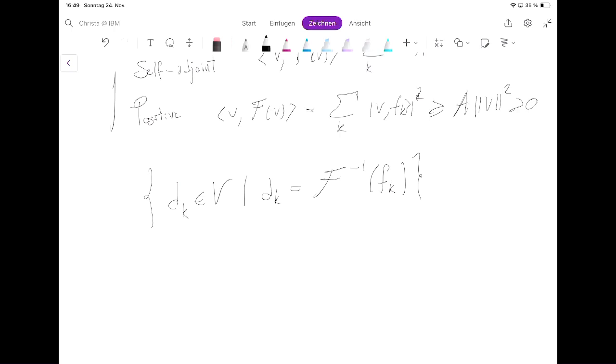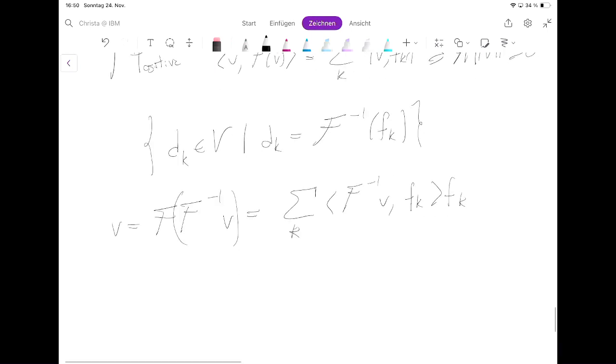Indeed, if you write V as this, then you have that this is the sum over k of F to the minus 1 V, Fk, Fk. This is the definition of F applied to F minus 1 V. And now, since F is self-adjoint and positive, so it's invertible, F minus 1 is also self-adjoint and positive. So I do this.